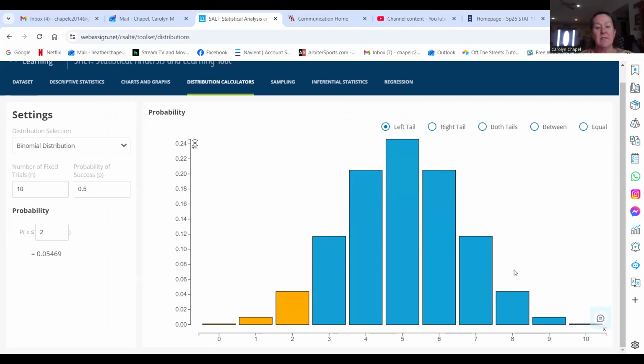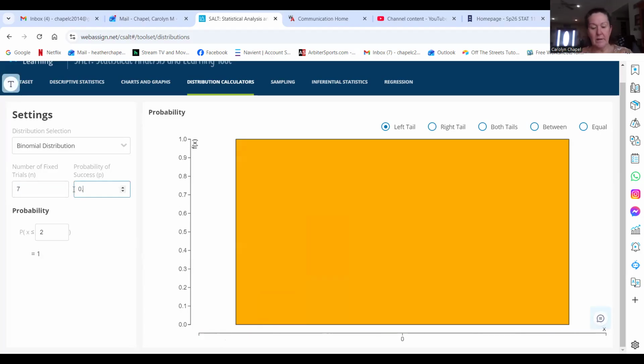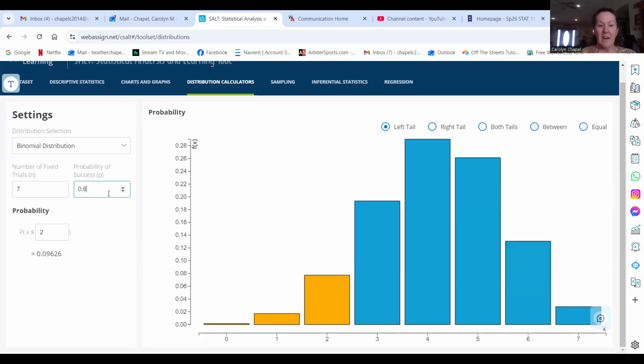It will show you this default number of trials is 10, probability of a success, and then we have this probability statement. So the first thing I'm going to change is the number of fixed trials. We don't have 10 fixed trials, we have 7, our 7 customers. And our probability of a success, that P for us, is 0.6. So I'm going to change that.